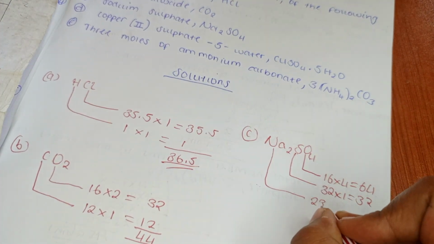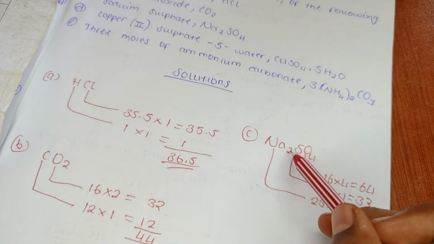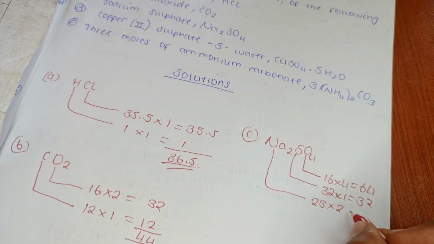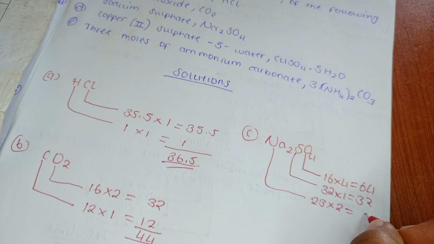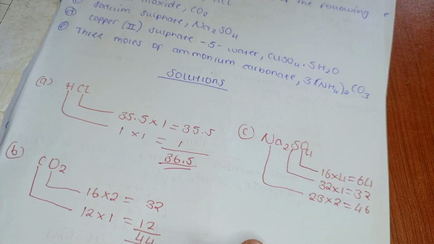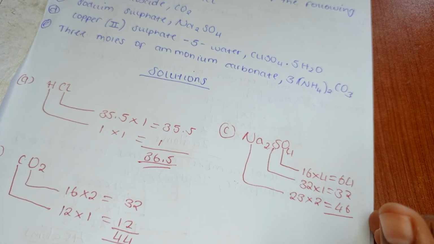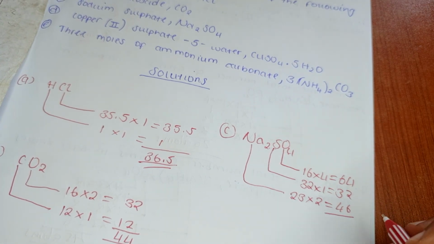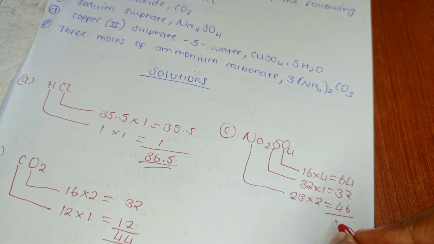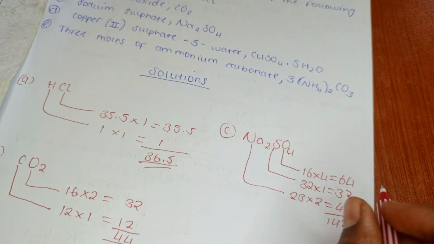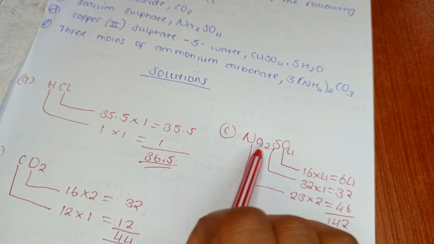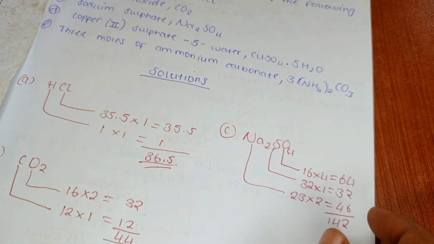So 23 by 2 sodium atoms here at the bottom is equal to 46. So 64 plus 32 plus 46 is equal to 142. And that's the relative molecular mass for sodium sulfate.